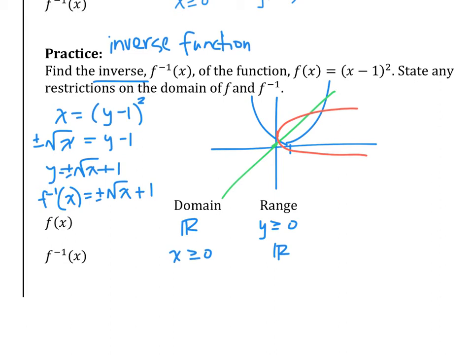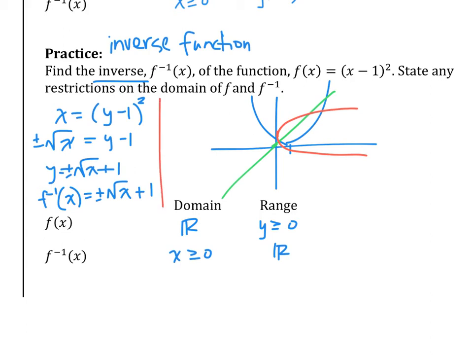However, if we are talking about the inverse function, then the red one is definitely not a function, right? To become a function, you need to pass the vertical line test, which it does not. So how do we make it so that it's a function? Well, let's take a look.